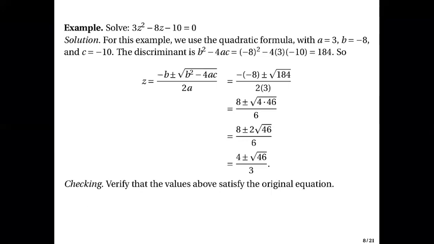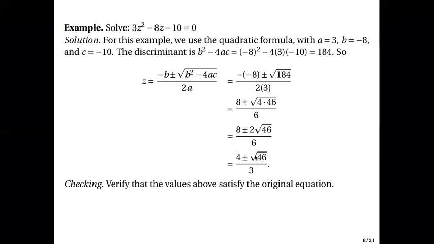Question? Sorry, I have a question. Sure, go ahead. You told us if it's more than 0, we have two solutions. Yes, two distinct solutions. This guy here, your b squared minus 4ac, if it's greater than 0, you will get two solutions.